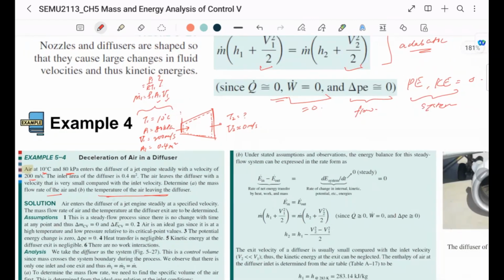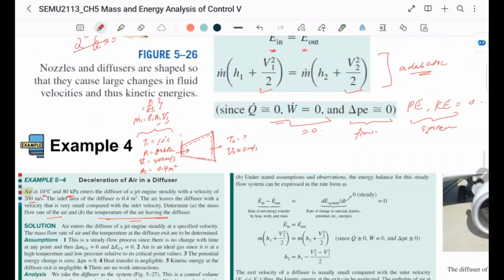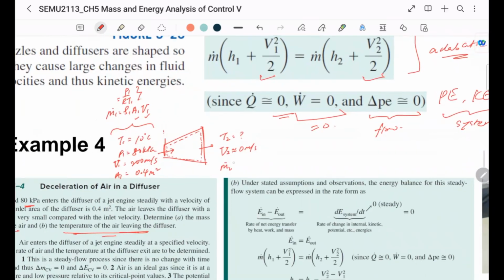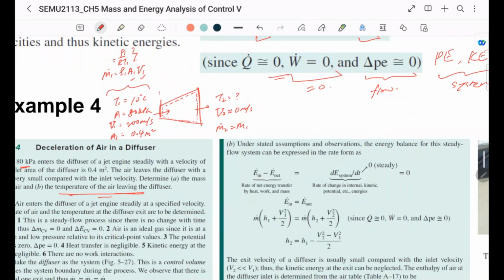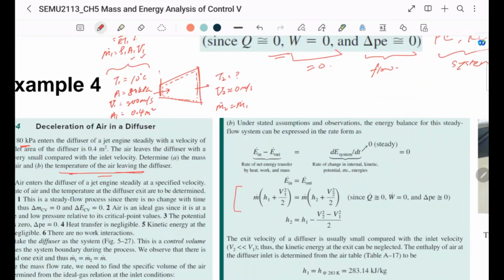Then how can we find out the temperature leaving the diffuser? This is a steady flow device, so therefore M2 has to be equal to M1. And then we have to write the energy equation, which looks like this.